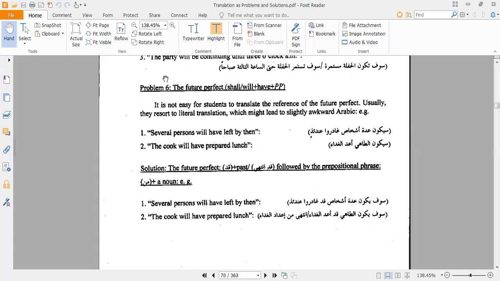This structure can be rendered as: بستخدم سوف أو س. أيضا بستخدم قد. سوف يكون عدد من الطلاب قد غادروا، يعني قد فعل ماضي وقبلها بستخدم يكون أو كان.